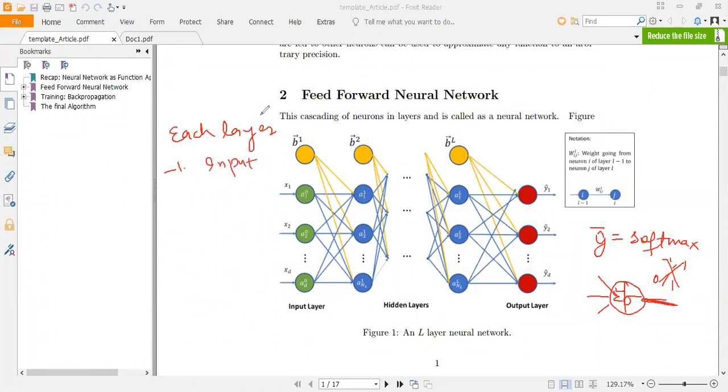If we are talking about layer L, then it has inputs from layer A^(L-1), so it's a vector. If it's layer 1, then A^0 means the input layer. As you can see, if we take any neuron from any of the layers, then it receives inputs from each of the previous layer neurons, and that is denoted by this A^(L-1).